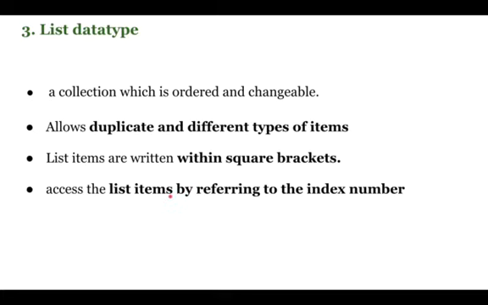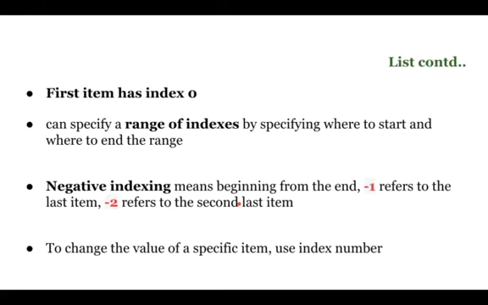You can access the list items by referring to the index number. The first item in the list has the index 0, and you can also specify a range of indexes by specifying where to start and where to end the range. We will see examples for this.